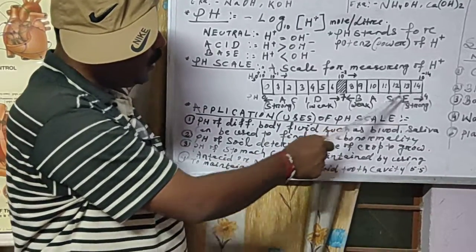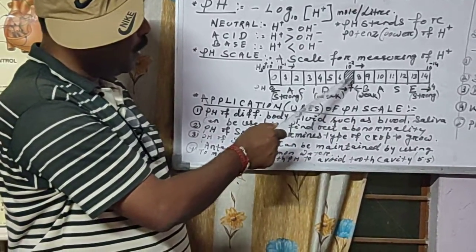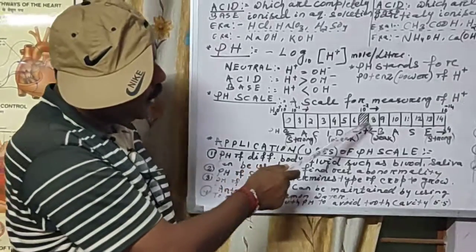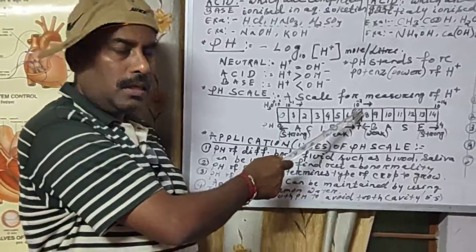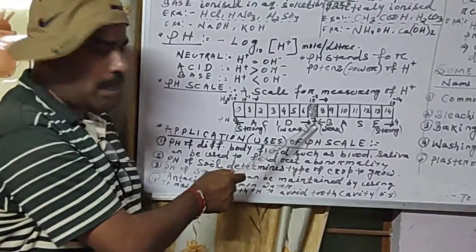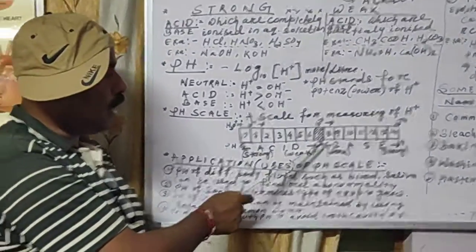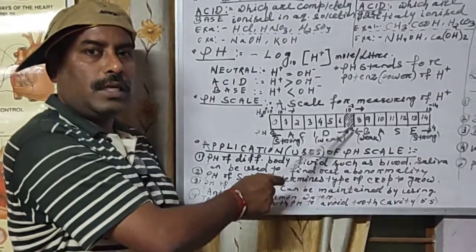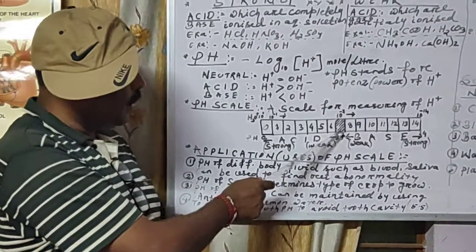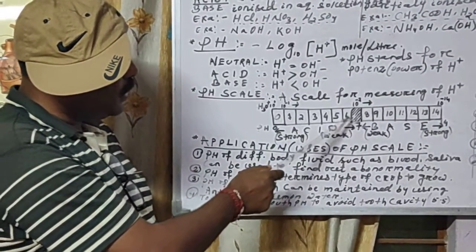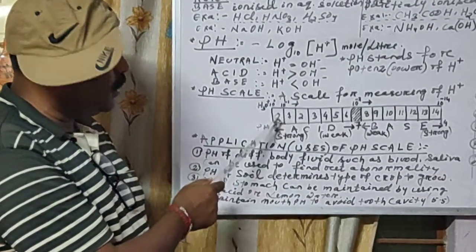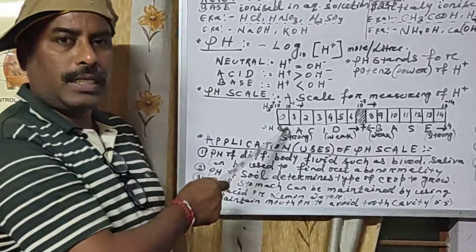Now the scale is divided into three parts: one is known as the acid part, then the neutral part, then the base part. The shaded part I have done in the middle indicates the neutral part. The value is 7. If the pH is 7, then the thing is neutral. Less than 7, that means 6, 5, 4, 3, 2, 1, 0, come under the acid.